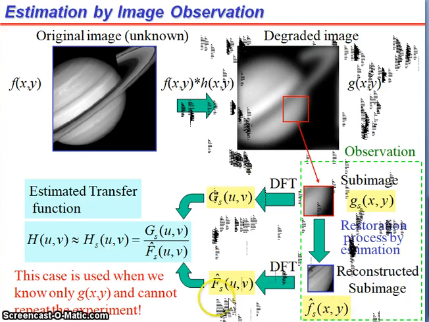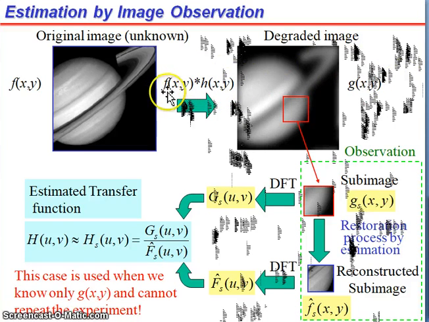Take the ratio between gs of u comma v and fs cap of u comma v. You know from the block diagram we explained that g of u comma v is nothing but f of u comma v into h of u comma v. So g of u comma v divided by f of u comma v is nothing but h of u comma v.